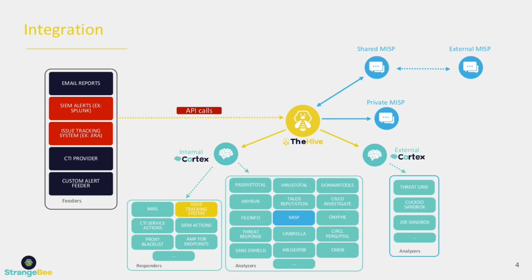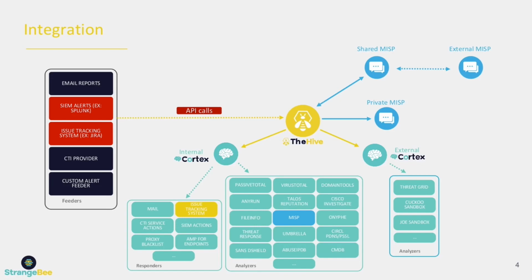To run analyzers and responders, the Hive can connect to one or several instances of Cortex. You can, for example, imagine an internal instance dedicated to internal usage, like issue tracking systems or CMDB, and an external instance dedicated to queries to internet services, or queries to programs that sit in restricted areas like malware sandboxes.